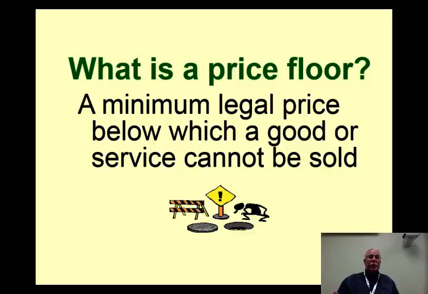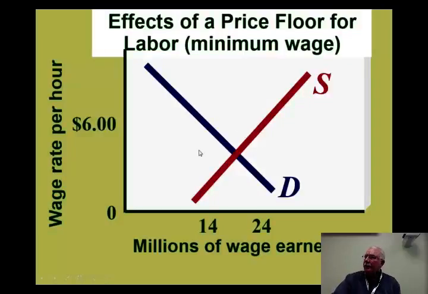If we make the minimum wage $15 an hour, then no employer can pay less than $15 an hour. It's a floor because below it, it's illegal to go, according to legal authorities. And here we have a picture of a price floor.